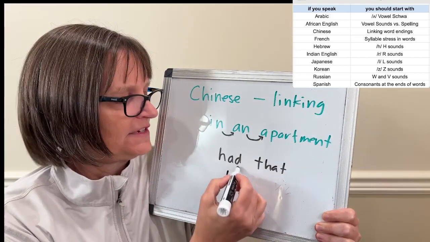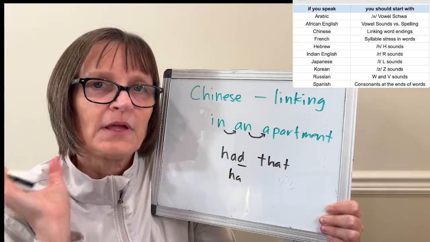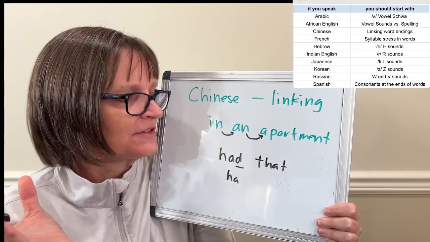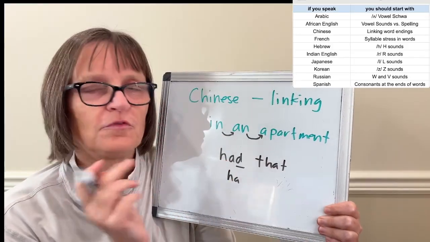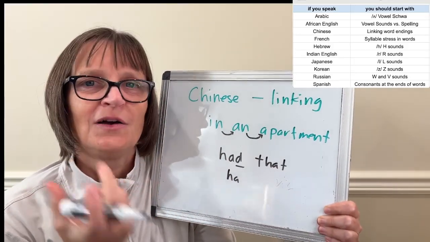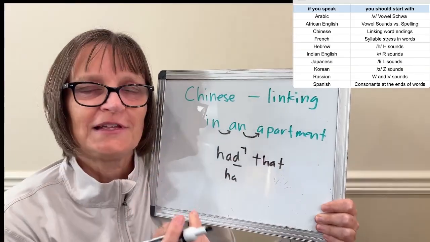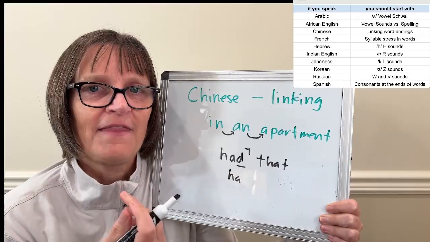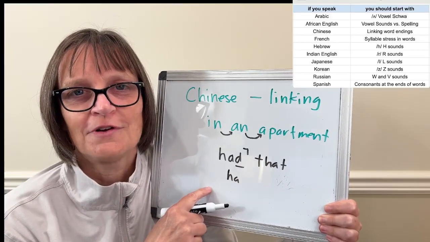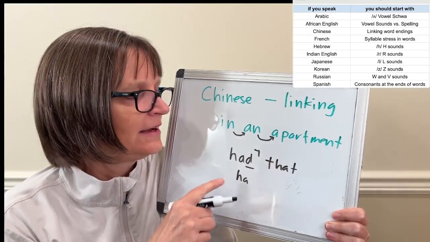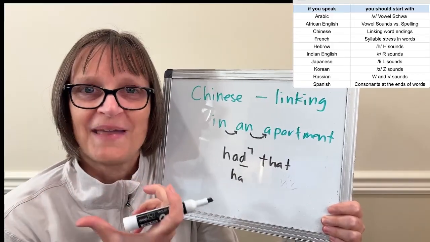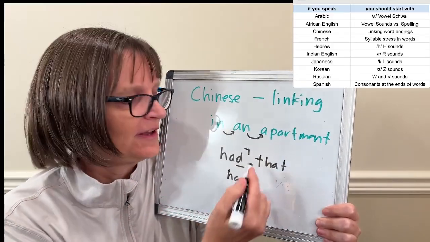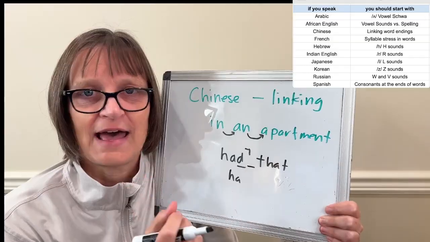So you have a tendency to, when you hear the linked sounds of American English, instead of being able to follow the patterns that we do, in this case it's using an unreleased D, you might just drop that D because you're not hearing it when I say "had that," and that comes out in your accent like "hat that." Or if you're trying to pay attention and make sure you're putting the D on, you end up with an extra sound like "had-uh that."